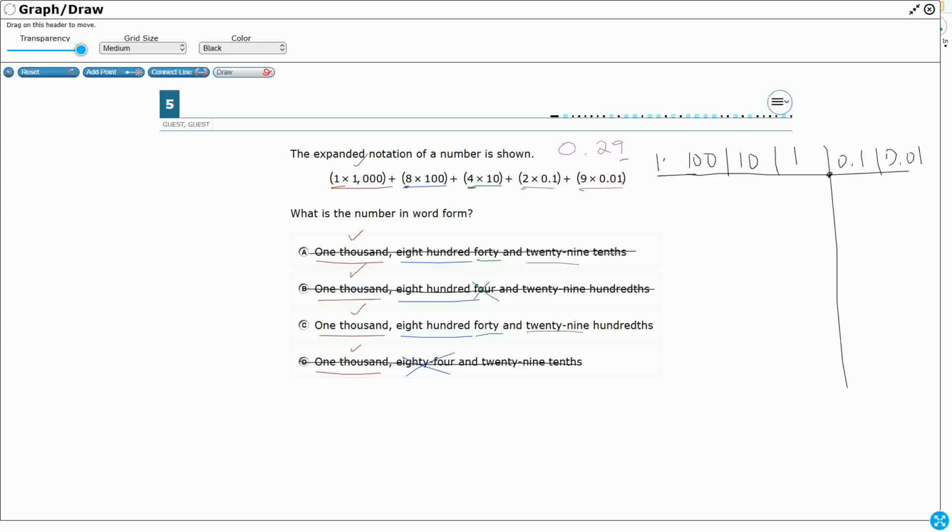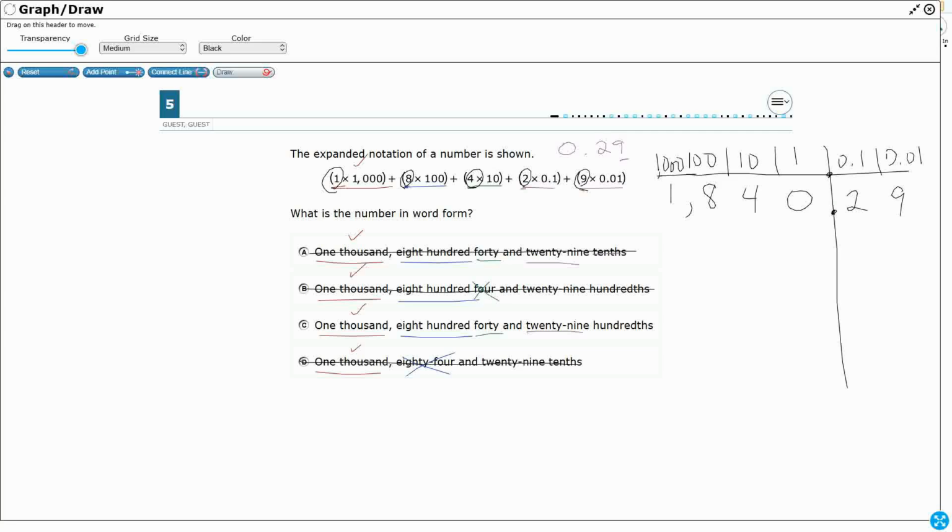Let's add one more. 1,000. All right, so I've got a 1 in the thousands place, comma, 8 in the hundreds place, 4 in the tens place, nothing in the ones place, so I'm going to put a 0 as a placeholder. I've got a 2 in the tenths place, and a 9 in the hundredths place. So this is what the number looks like in standard form.